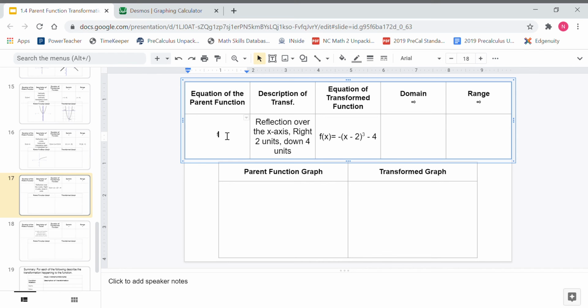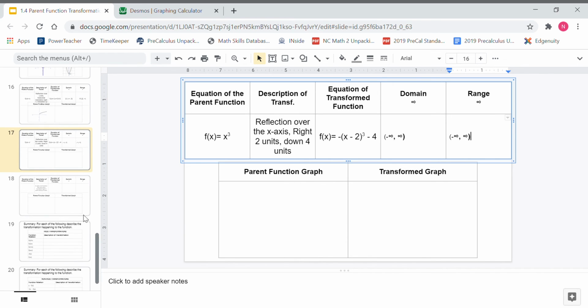Superscript first. All right, and for cubic functions, it doesn't matter which way you move it, the domain and range are always the same. So those are always really nice and easy for domain and range. You don't really have to think about it. And so you can go ahead and click and drag your parent function if you want to.